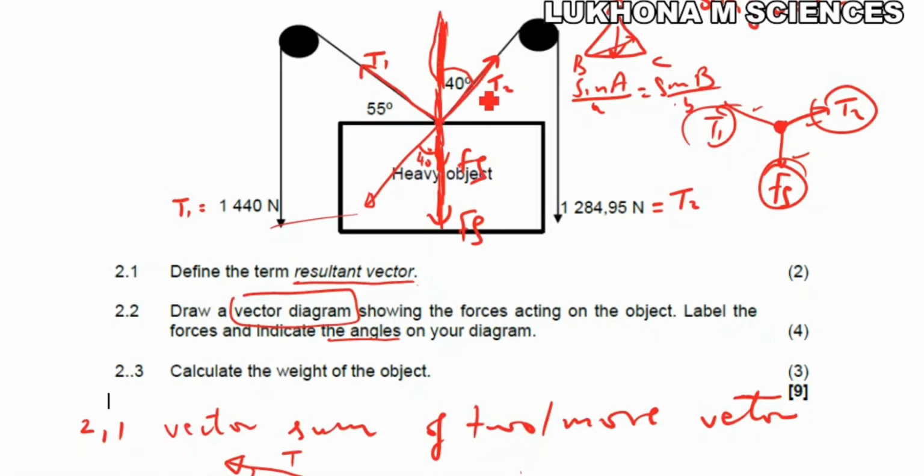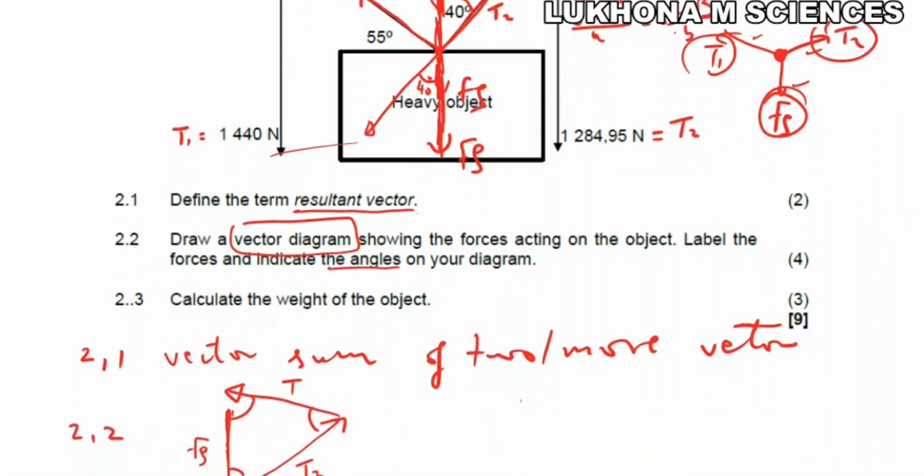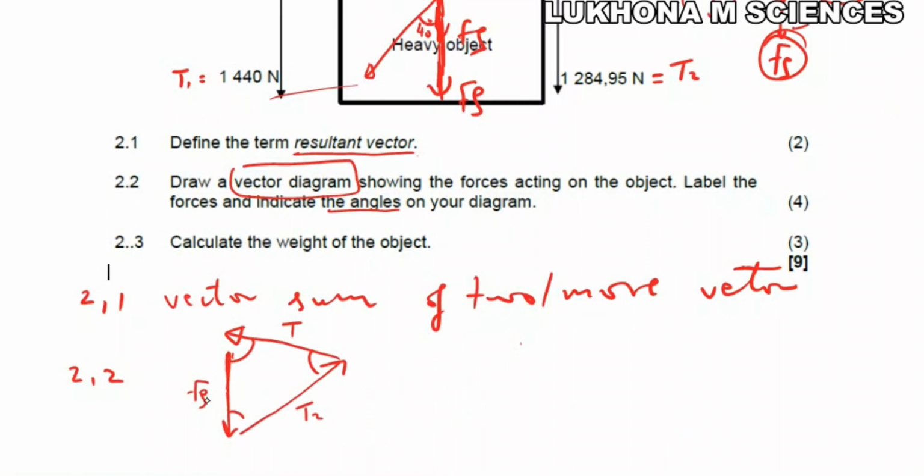So we have 40 degrees between T2 and Fg. That is 40 because of vertical opposite angles. So this is T2, this is Fg. So we have 40 degrees here.